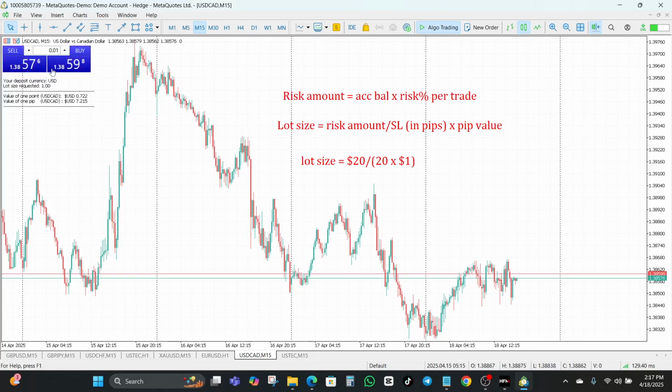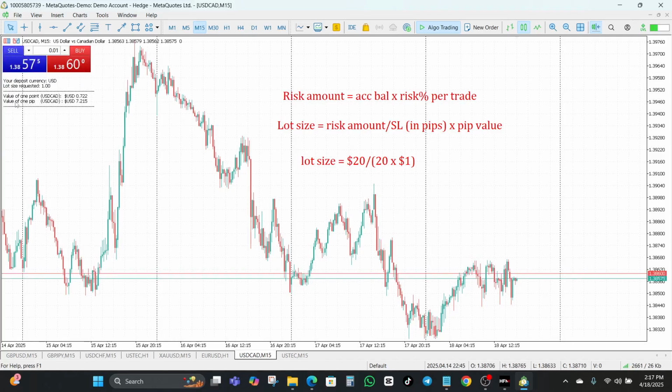But for a particular currency pair like USD CAD, you can see the pip value, because different currency pairs might actually have different pip values. I just want to use this as an example because you might be wondering what pip value means. For example, I have an indicator that is telling me what the pip value is for a particular currency pair.